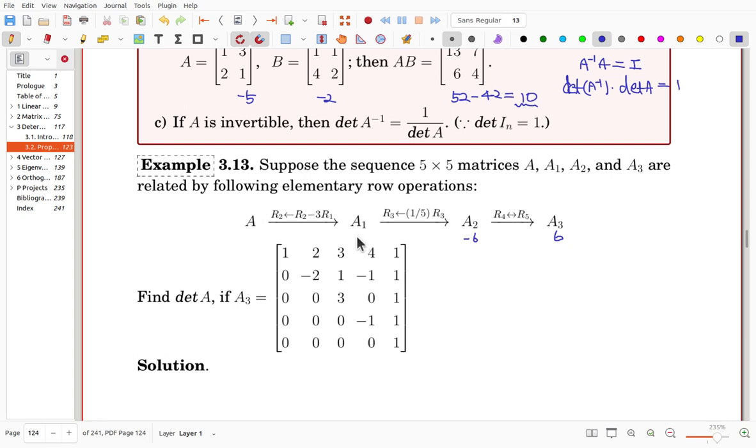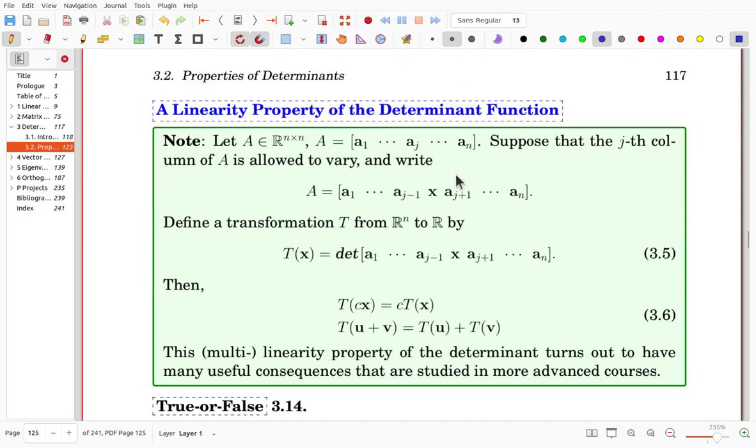So here the determinant of A1 is minus 30. Now A1 is obtained from A with a replacement operation, so the determinant of A must be the same as A1. Okay, so here the determinant of A is minus 30. Okay.